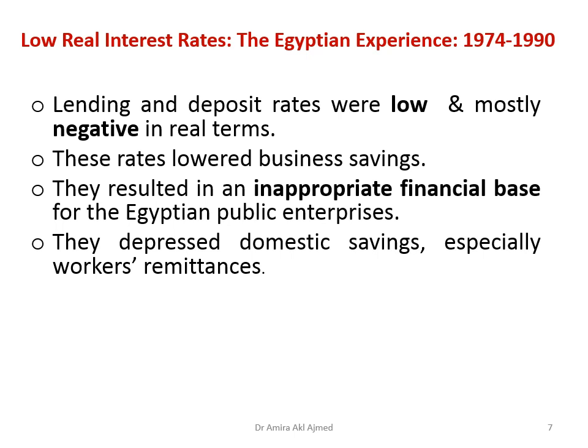First, over this period, both lending and deposit rates were kept low and remained mostly negative in real terms. These low interest rates discouraged enterprises from self-financing and thus lowered business savings.